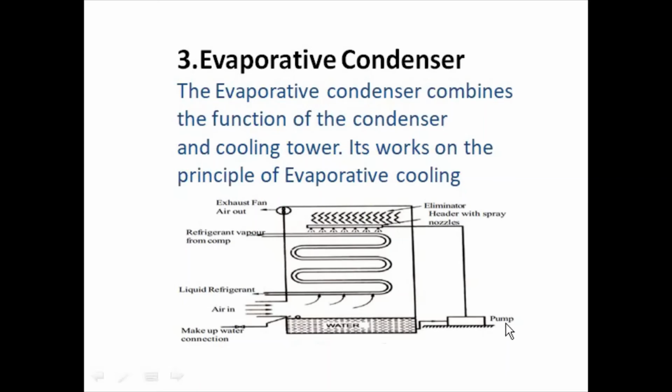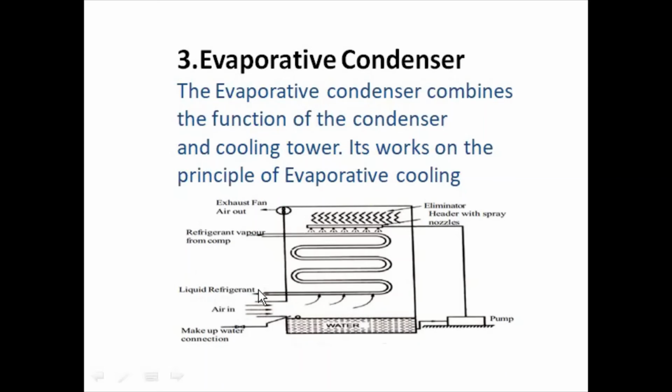We have a pump, we have water. This pump has the function of pumping, and we also have a makeup water connection. Here we have air passing through this way.